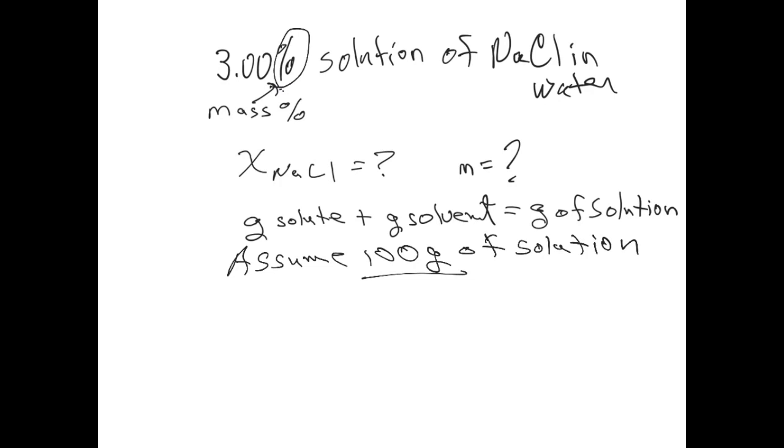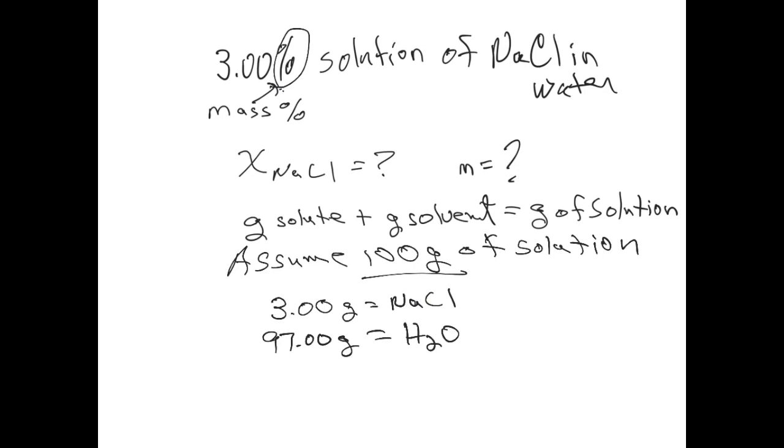So pick something easy. If we assume that we have 100 grams of solution, then we know that 3 grams is sodium chloride. And if we subtract the sodium chloride from 100, then we know that 97 grams is water.